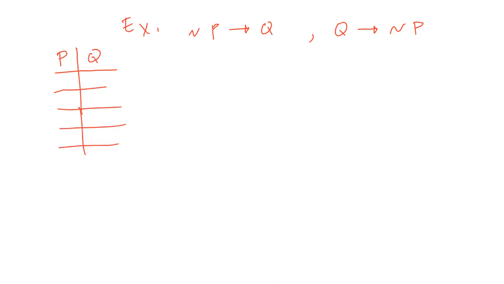So again, okay. And let's put the values. T here, F alternates.